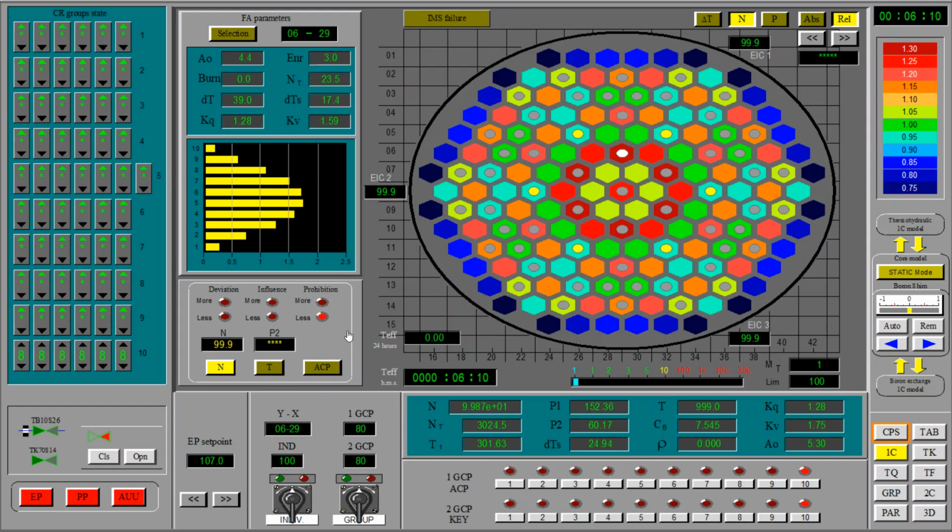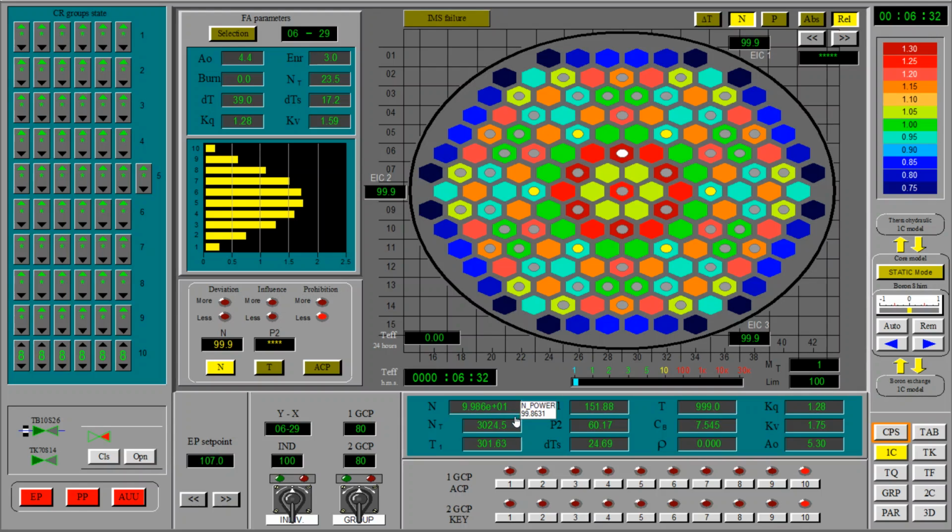Let's see. Theoretically, there should be a decrease of power because we're increasing. Well, no, we're not increasing heat, so I'm not sure what should happen to reactivity before boiling. I will not say anything because I don't know.